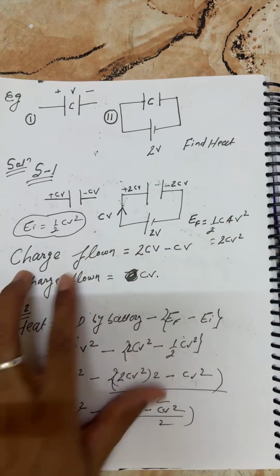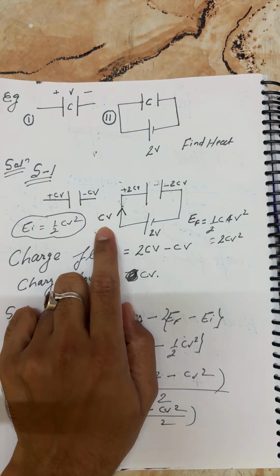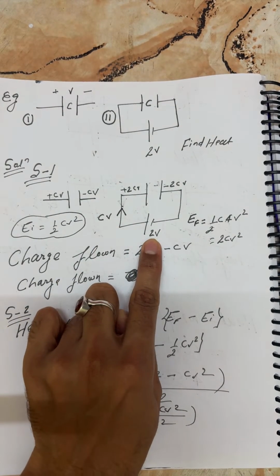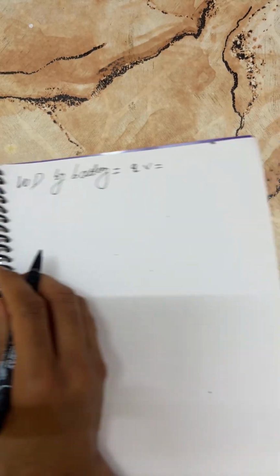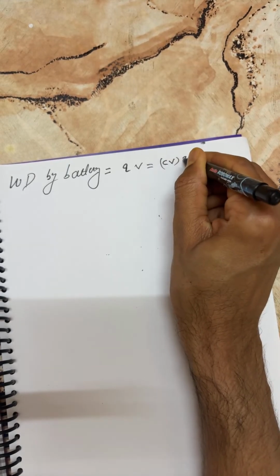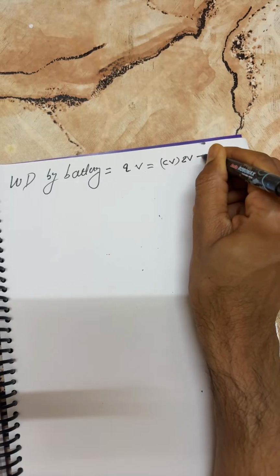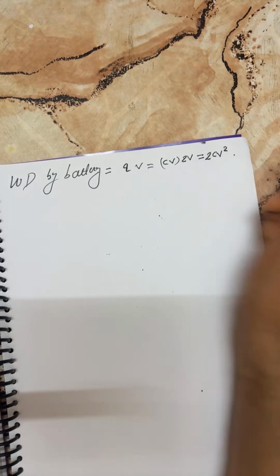What is the charge? CV. And what is the potential here? 2V. So you can write here, CV into 2V. So work done by battery is 2 CV square.